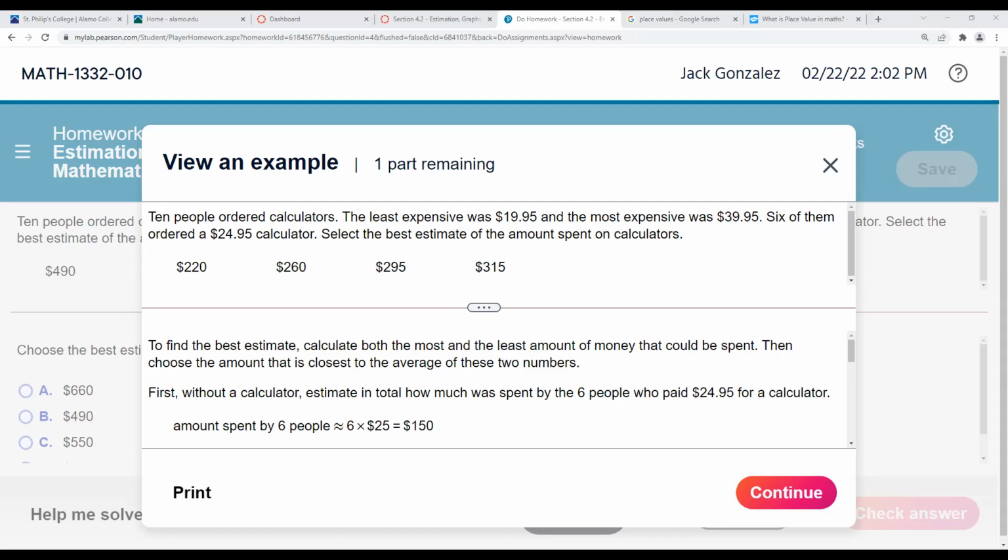So that'd be one way to do it. Another way would be to assume all 4 bought one and all 4 bought the other, and then average them. So, alternate way, let's say 4 bought the $20 one, or 4 bought the $40 one. So this would be 80, right? This would be, oops, 160.